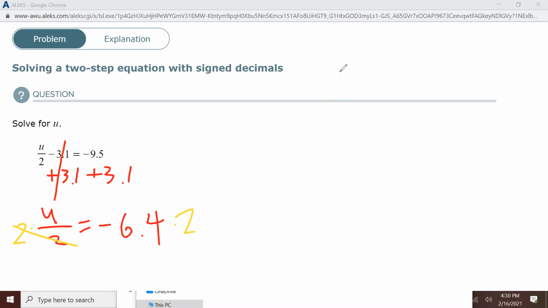The 2's cancel on the left, and on the right side we get negative 12.8. And so clearly it's very similar to the preceding topic we just did.